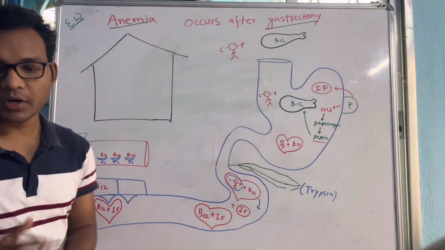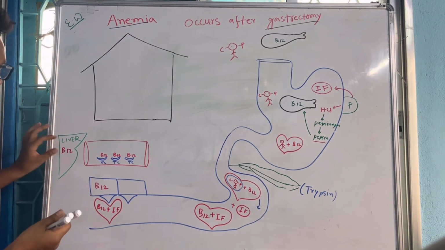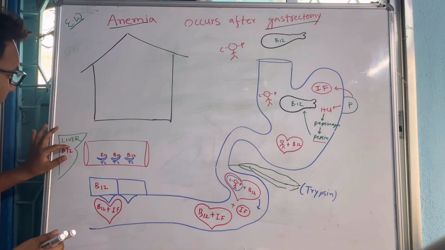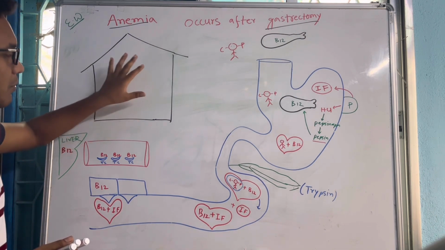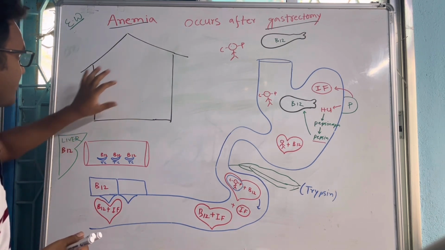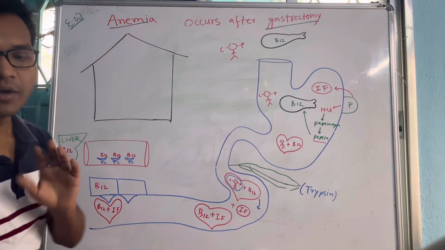Now what will happen? B12 is stored in the liver and it comes into the bone marrow. B12 helps in production of RBC.